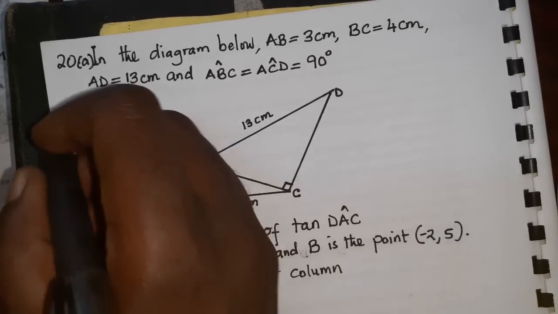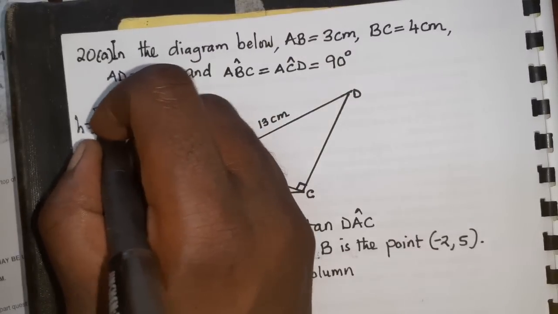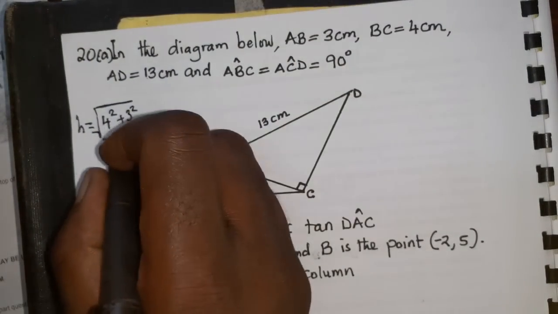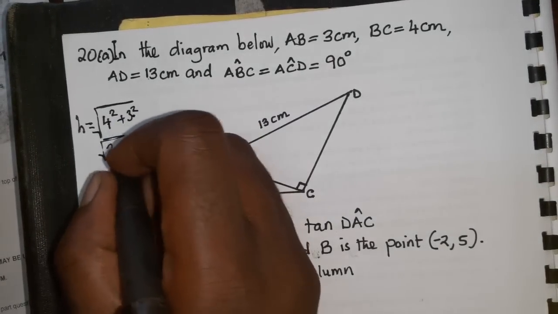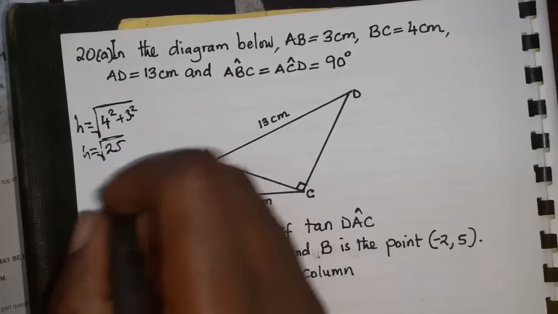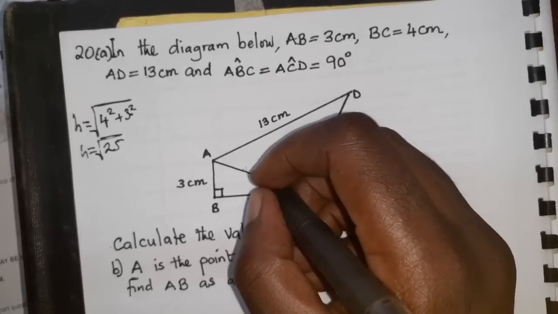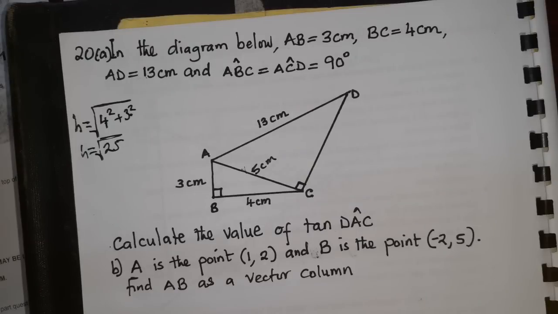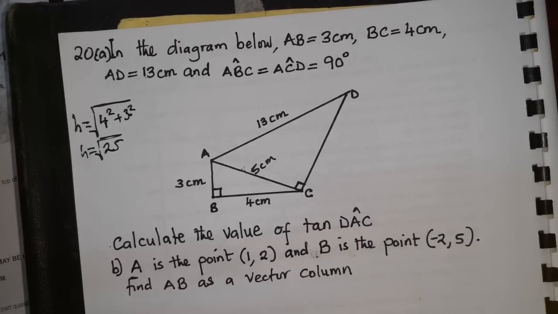To find this side, which is the hypotenuse, it's going to be 4 squared plus 3 squared. This will give us 16 plus 9, which is 25. The square root of 25 is 5. So this side is 5 centimeters. So take note of that.